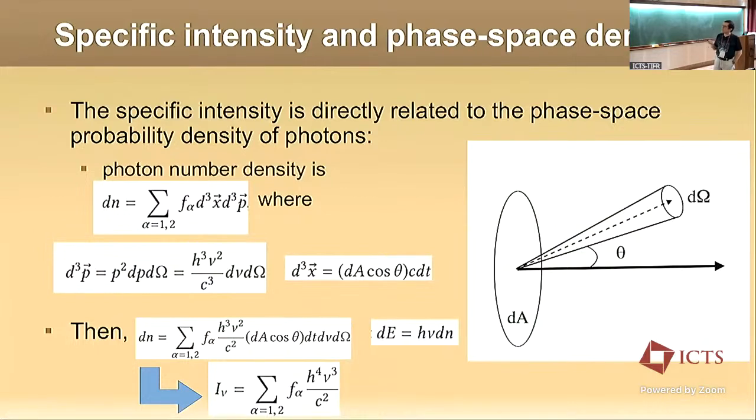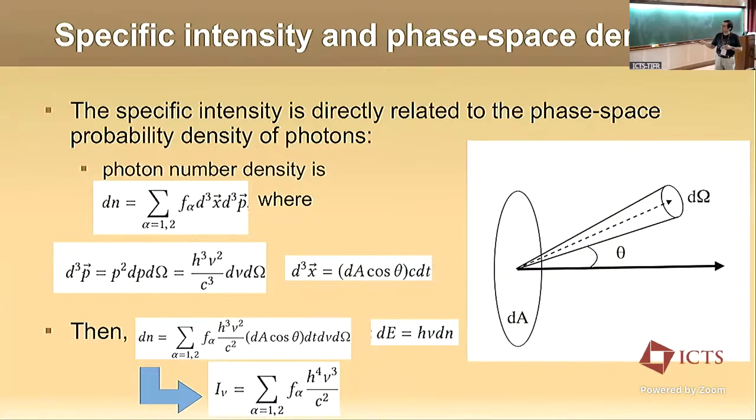The volume in real space is just the area times the distance light travels per unit time, which is the speed of light times t. So length times area gives you the volume.